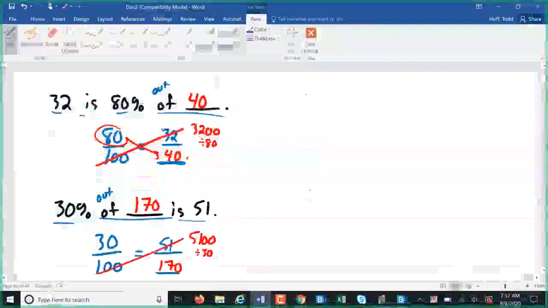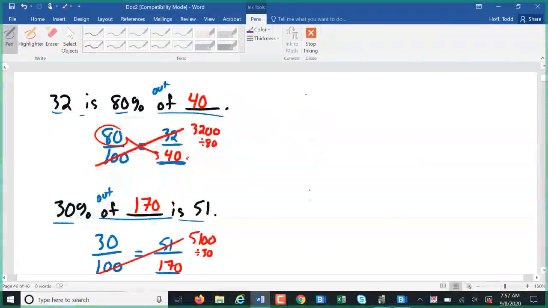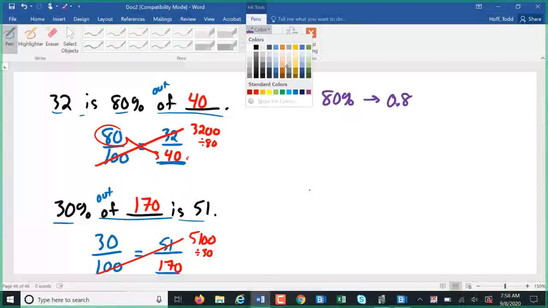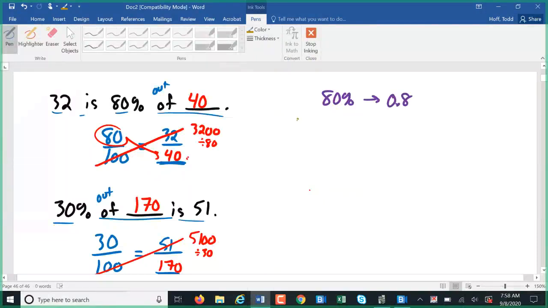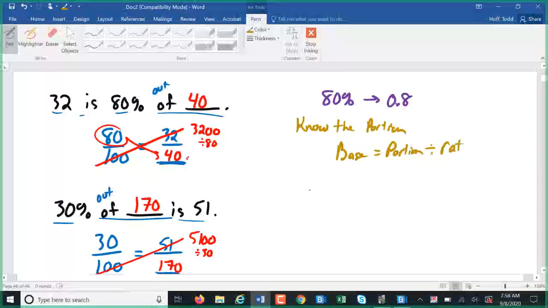However, we get to these other problems, like these examples, where we're not given the base amount. We are still going to take that percent and convert it to a rate. 80% is 0.8 as a rate. However, here we're given the portion. If we know the portion, the base is found by taking the portion divided by the rate.